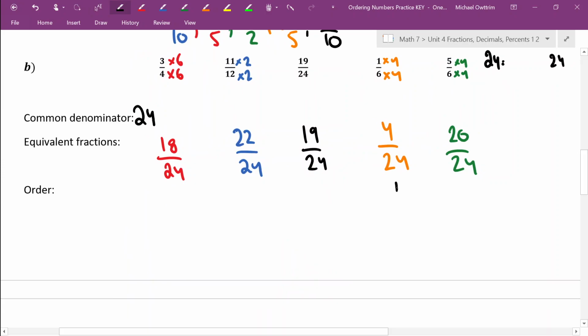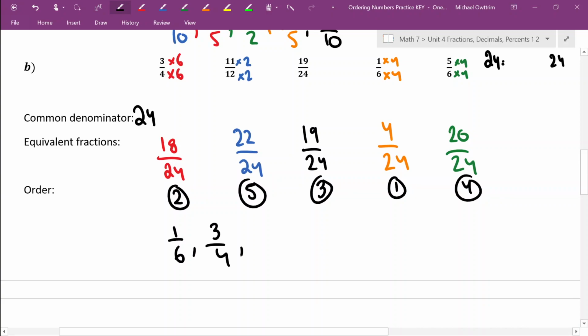Our smallest top number is 4. Our next smallest top number is 18, then 19, then 20, and then 22. So let's put those in order using their original values. So we got our 1/6 is smallest. Then we've got our 3/4 is next smallest.